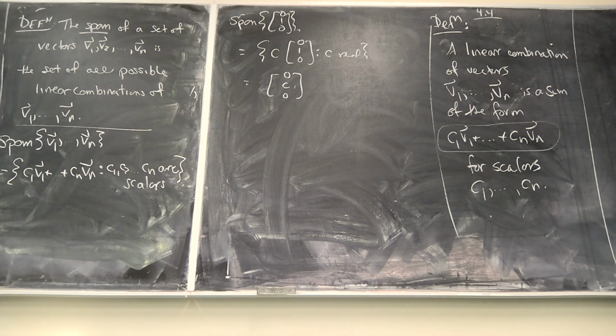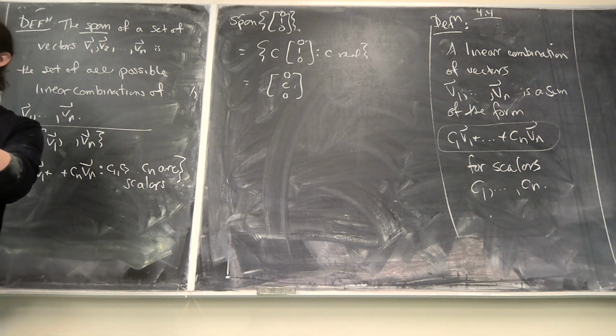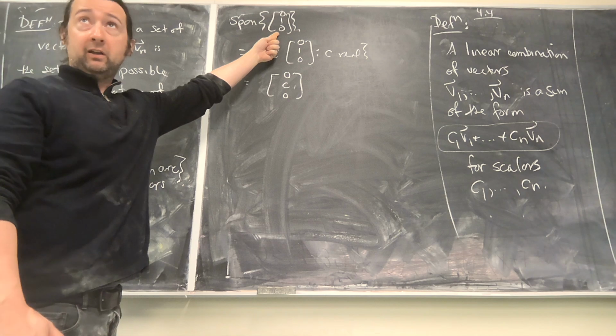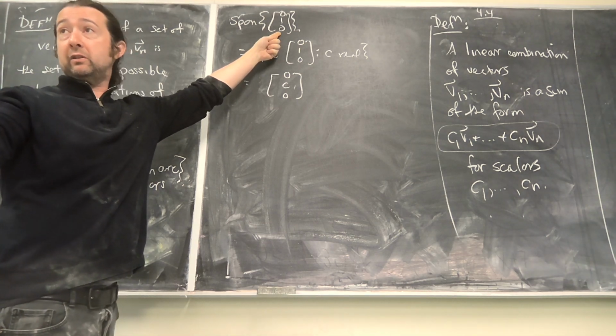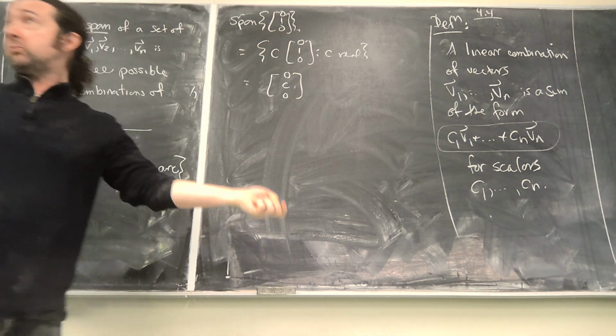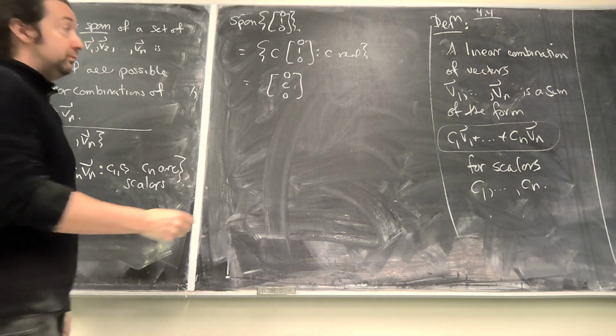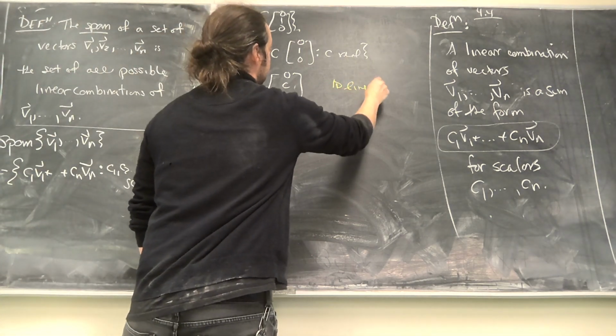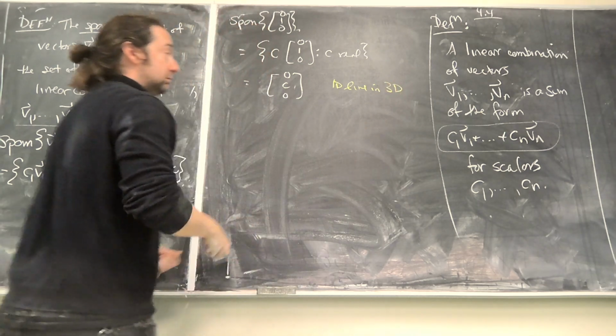It runs along the y-axis, right? The span of a single vector is a line. It's every possible length of this vector plus all of its reflections in the negative direction. So it's a parametric description of a line, a one-dimensional line sitting in 3D space.